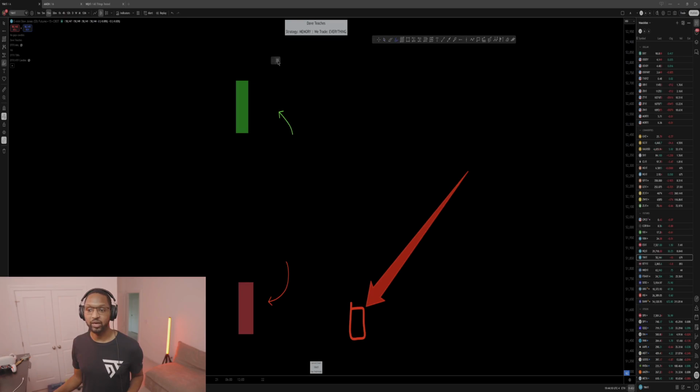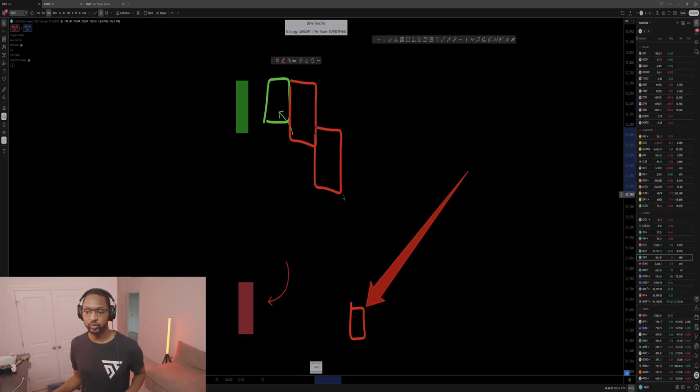Right? We have an up candle that's there. And then after we create that up candle, we end up creating a series of bearish candles on the way down. So we have our last up candle here, and then you end up seeing us create down candles. You end up seeing us going down. Right there's another down candle, and then we create another down candle there, and then we create another down candle there.